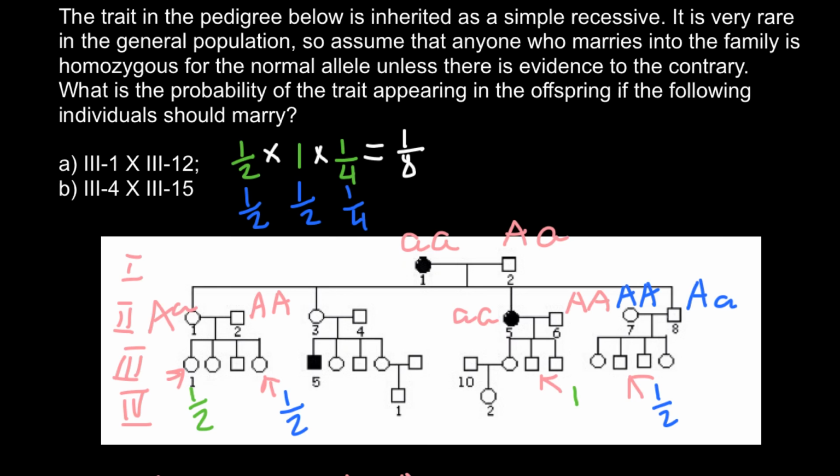So once again we have to use the product rule, and the answer would be 1/2 multiplied by 1/2 is 1/4. 1/4 multiplied by 1/4 would be 1/16. Once again, if you need an answer in percentage form, you have to divide 1 by 16 and multiply by 100. So you would get an answer in percentage form.